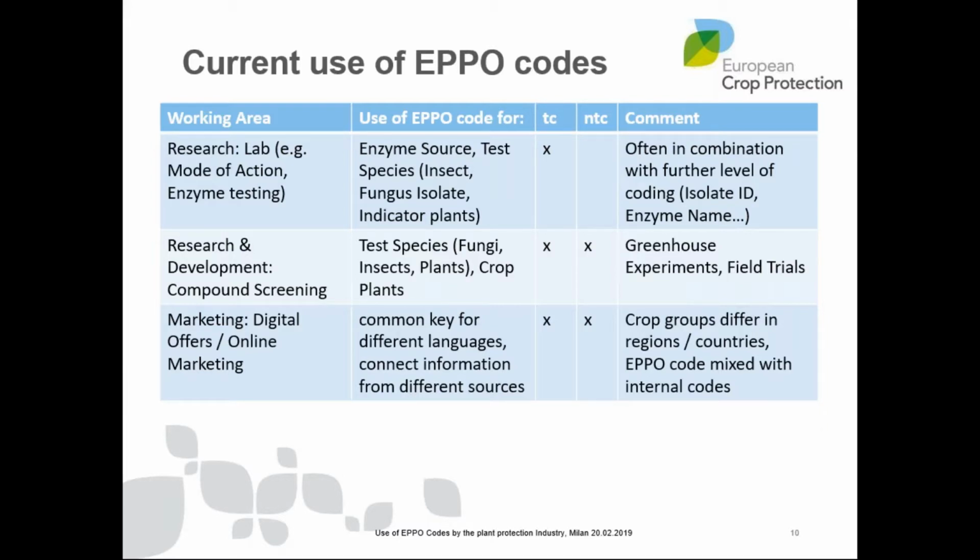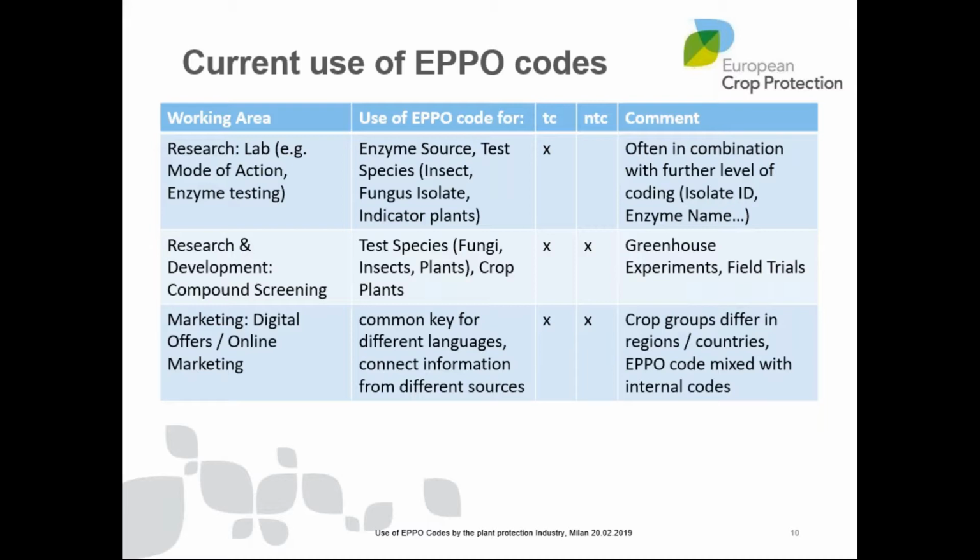In research and development, as I said, for compound screening in greenhouse and field trials, both the test species and the crop plants are coded with EPPO codes. And in marketing, it was decided to add the EPPO code to crop and pest lists to have a common key and a connector to other data sources.